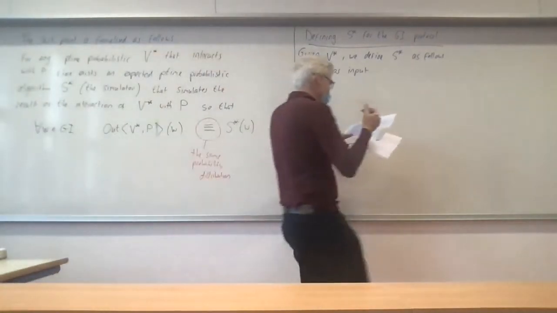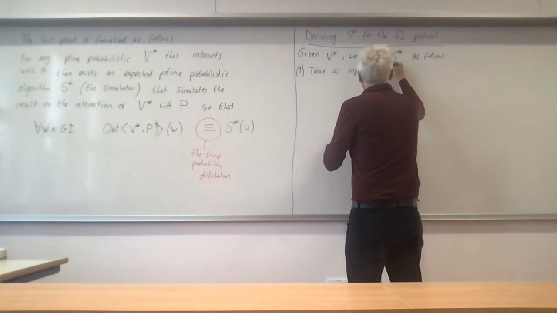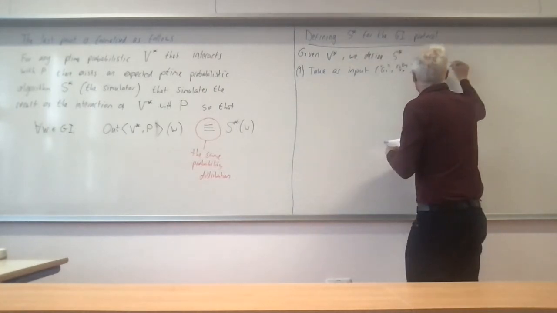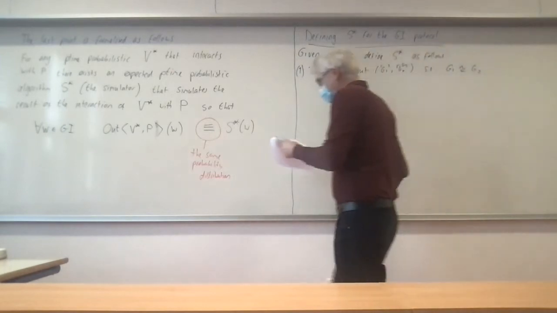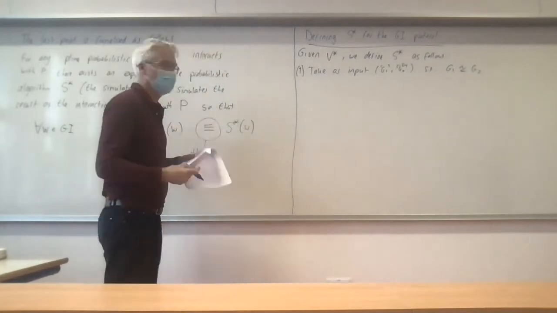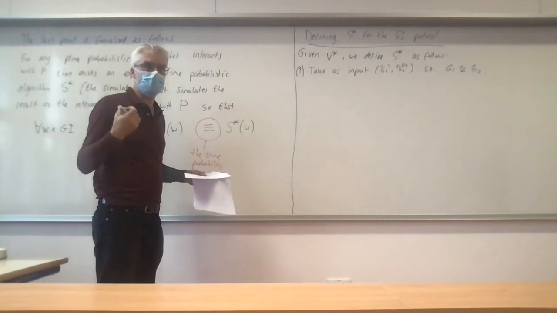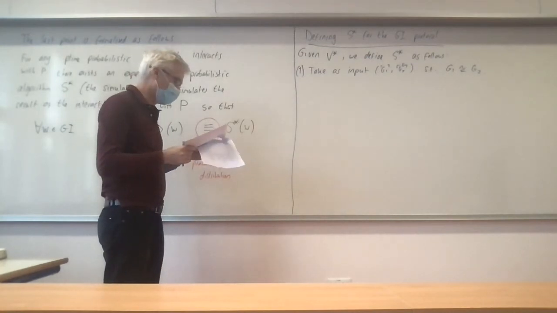So it will take some G1, G2, such that G1 is isomorphic to G2. We're only interested in what the simulator does when it actually gets two isomorphic graphs. But importantly, it does not get the isomorphism between them. It's just given as input the two graphs.